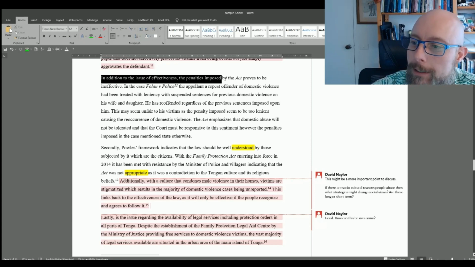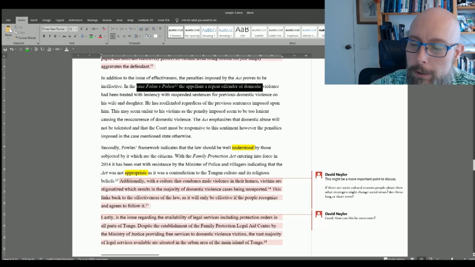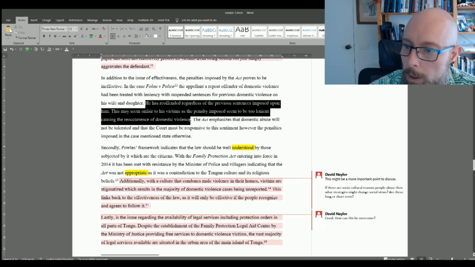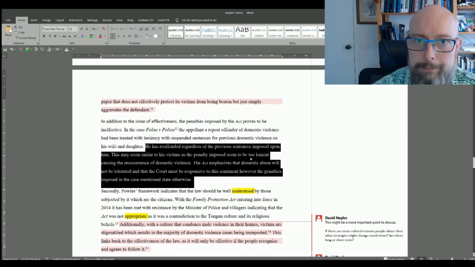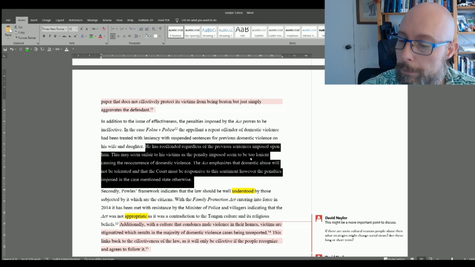In addition to the issue of effectiveness, penalties are ineffective. For example, here's a case. This was a recidivist offender. He'd been given multiple lenient sentences and continued to beat his wife and daughter. So here we have a situation where this act, that speaks to me, right? Doesn't that speak to you? I am saying that the act is not effective.